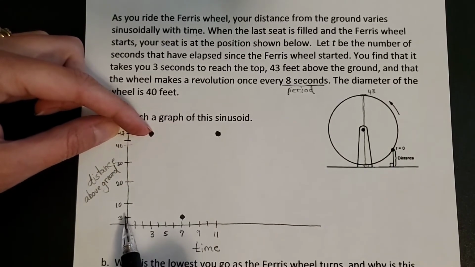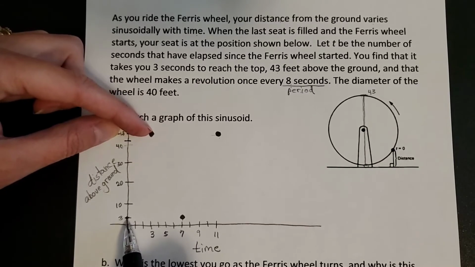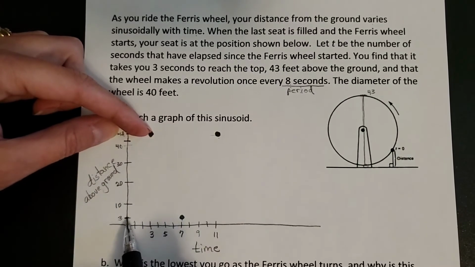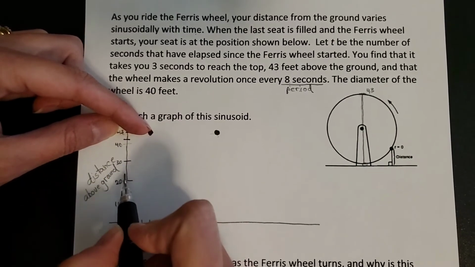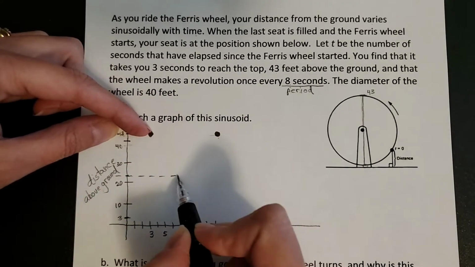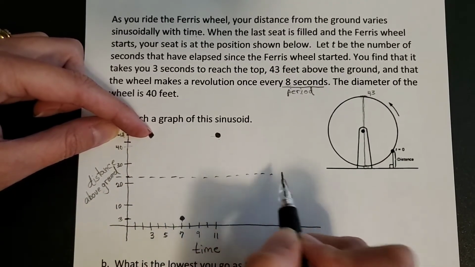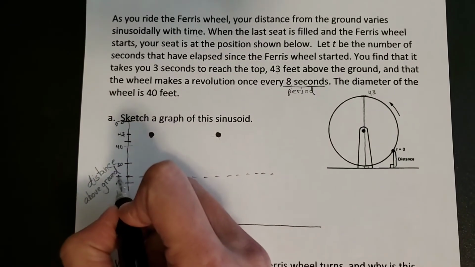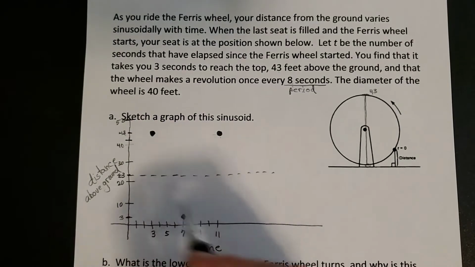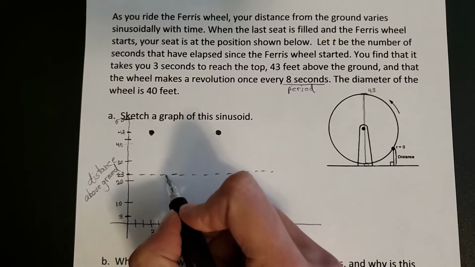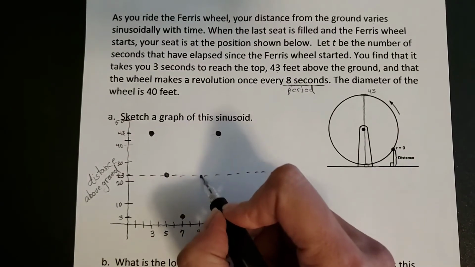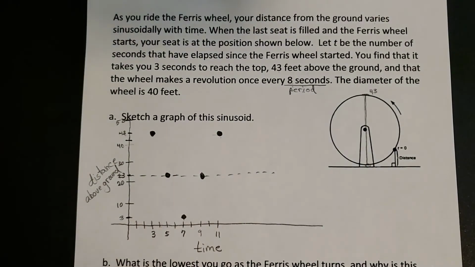That's a diameter. So I need to go halfway. That would be 20. 20 less than 43 and 20 more than 3. That puts us at 23. I'm going to put a dotted line at 23. Right there. And so at 5 seconds, I have a height of 23. At 9 seconds, I have a height of 23.